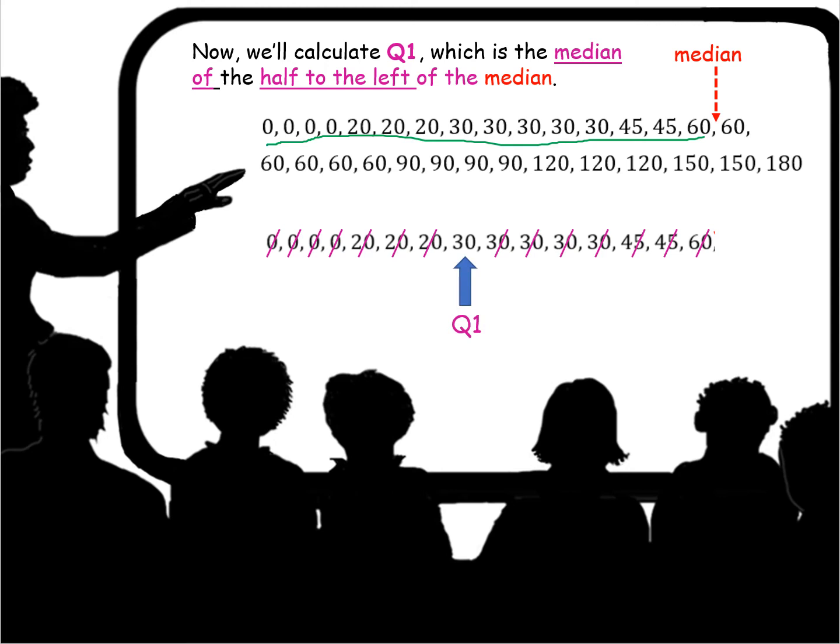So we take all those, we start crossing off from left and from the right until we get to that middle number. And that middle number in this case happens to be 30. So that is our Q1. We need to find the Q1 and the Q3 in order to calculate our IQR, which is the interquartile range.